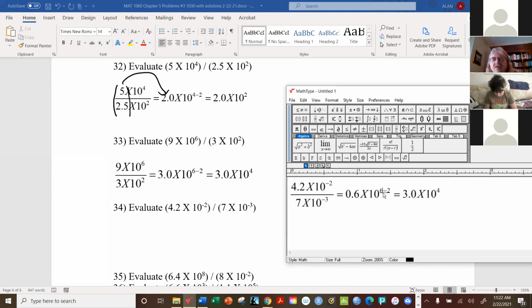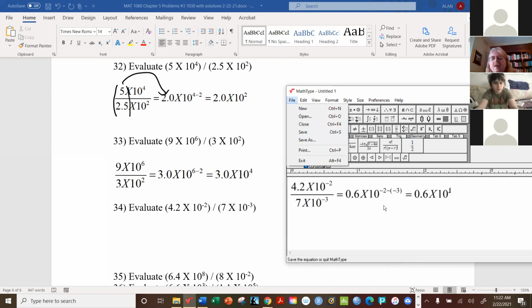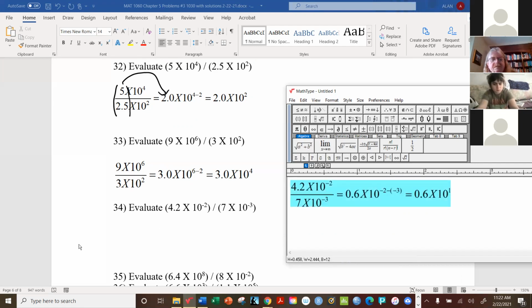Here we have minus, now here we have to watch it because you're subtracting a negative number. And that's easy to mess up. So you end up with 0.6 times 10 to the positive 1. Because you're subtracting a negative number from the denominator.